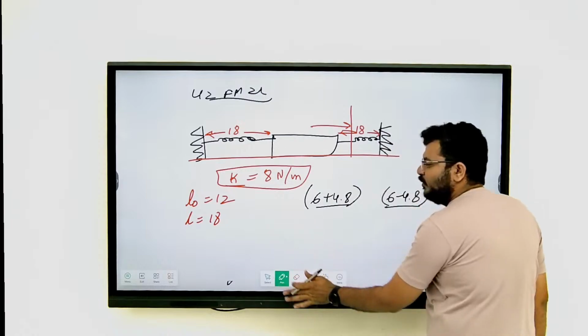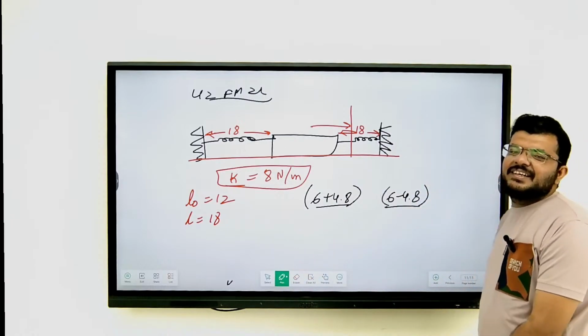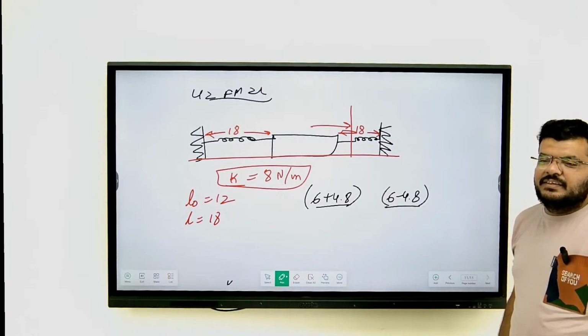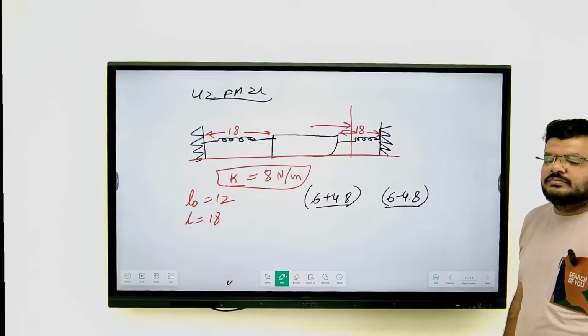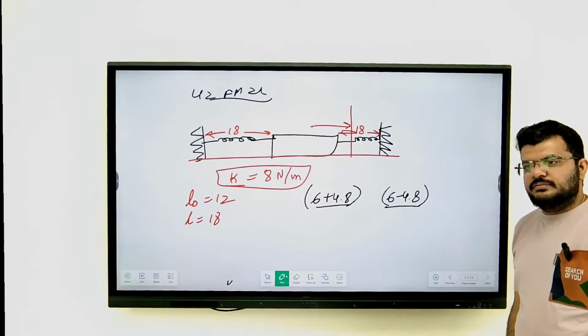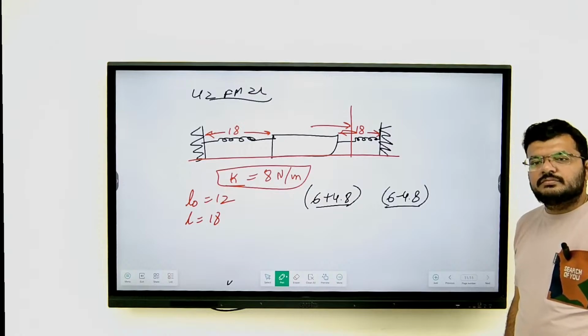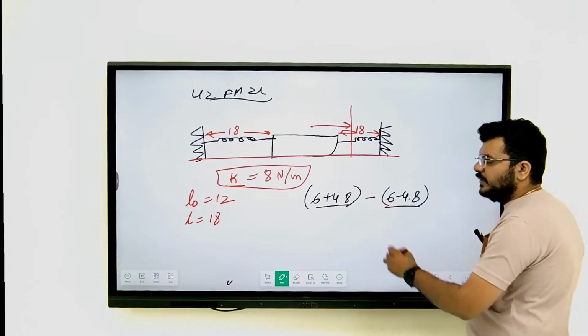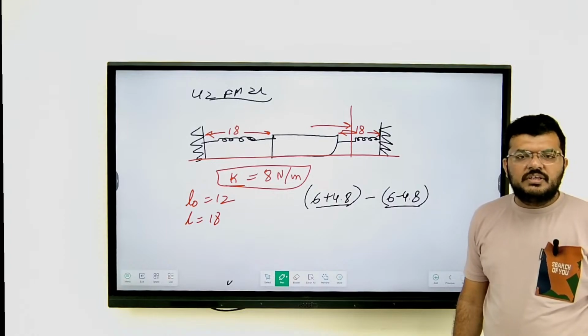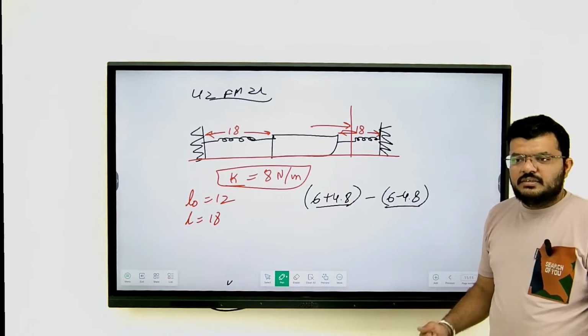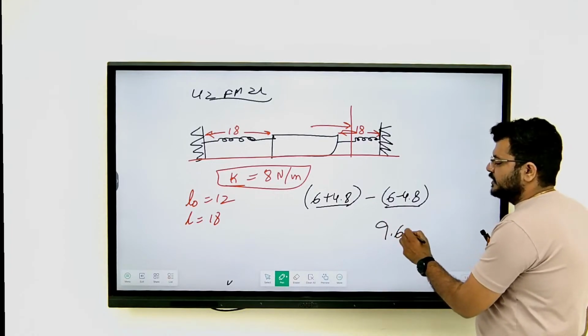No, obviously I know, but why is there a negative sign? Because the spring is pushing it from this side to this side, to the final result. The difference between the maximum length and this will give you the total change in length. So this will give you 9.6 centimeter.